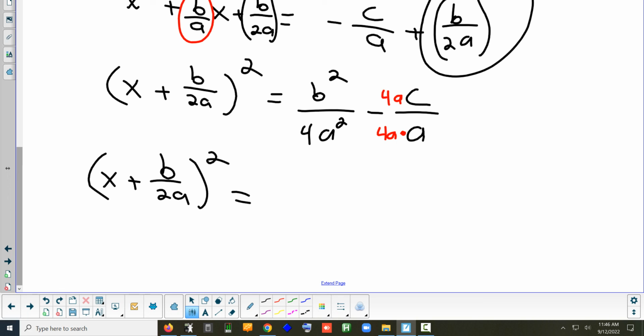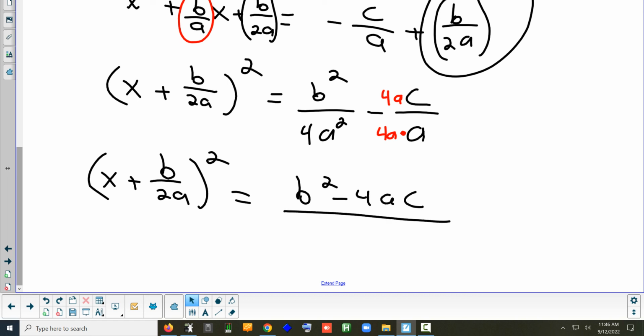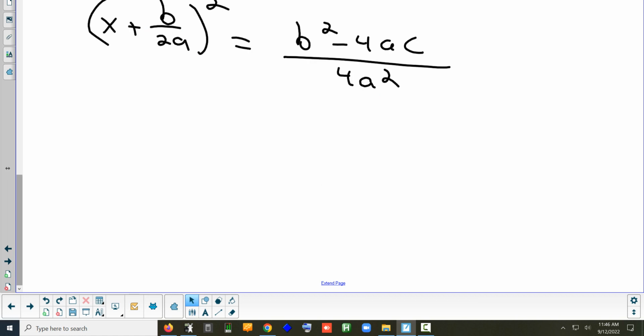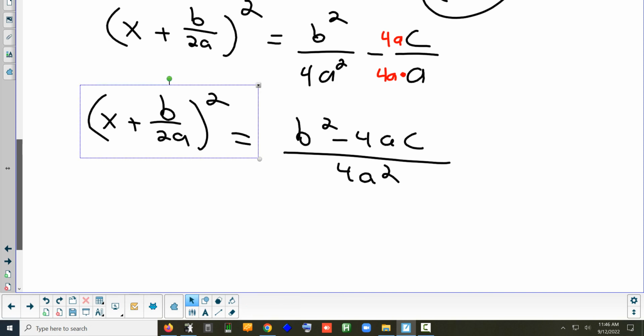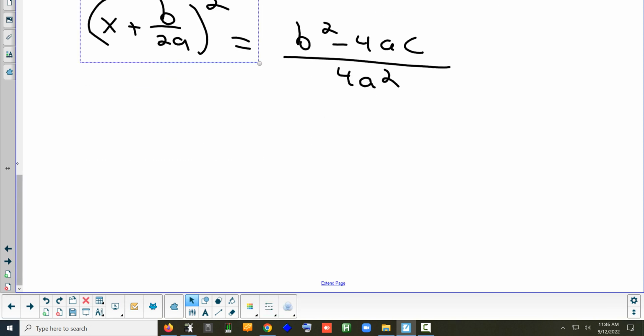Right, so the quadratic formula is starting to come up. So now you have b squared minus 4ac over a common denominator of 4a squared. Now, someone already said the next step. What would the next step be to get x by itself? Square root both sides.